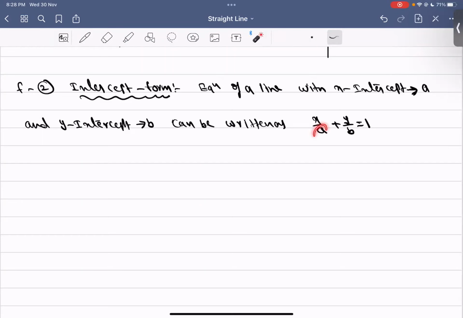Here the x-intercept is a, the y-intercept is b. The x-intercept is a means this line intersects the x-axis at a comma 0. The y-intercept b means it intersects the y-axis at 0 comma b.